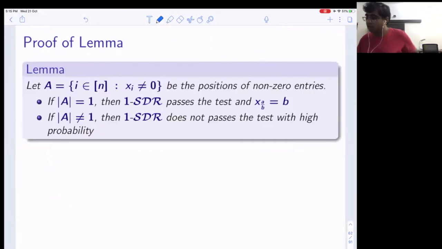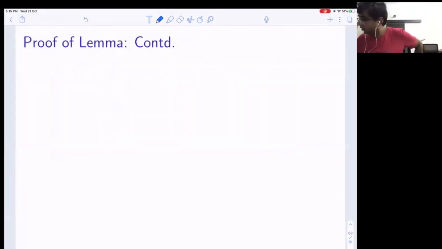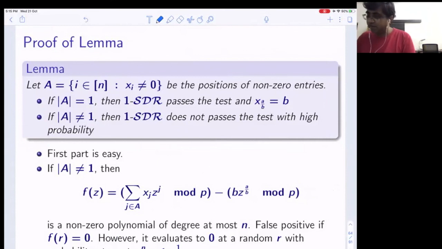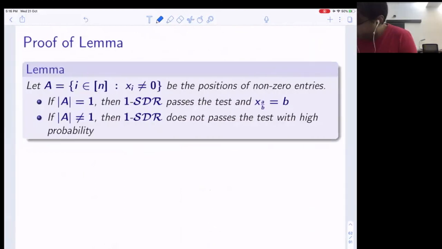Okay, so let's see why this is correct. The first part is easy. So now let's suppose that |S| is not equal to 1. Then let's consider the following polynomial.